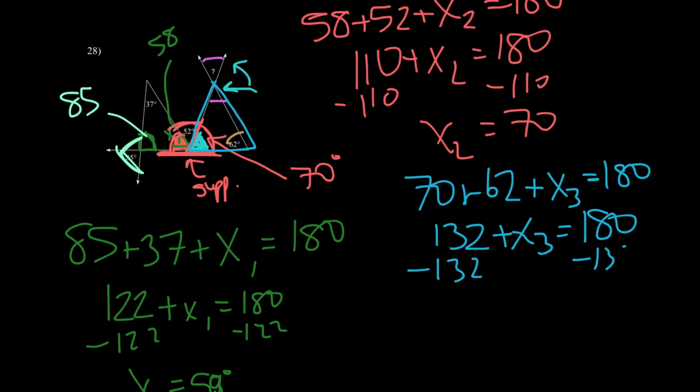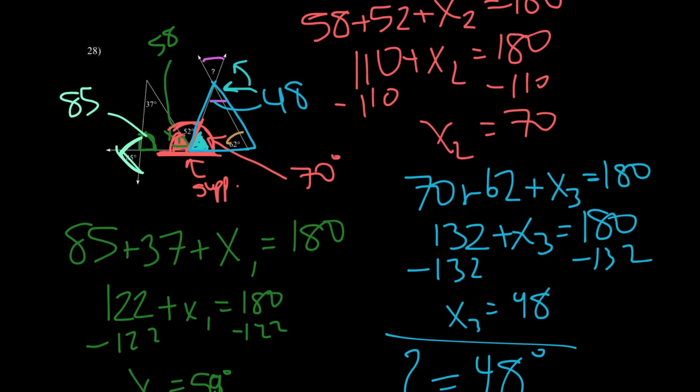I'm going to subtract 132 from both sides, and we're going to get x3 to equal 48 degrees. So that's this angle right in here. Thankfully, our last step is just to say that question mark equals 48 degrees because, as we said in the beginning, both of these angles are vertical angles, and we know that vertical angles are congruent.